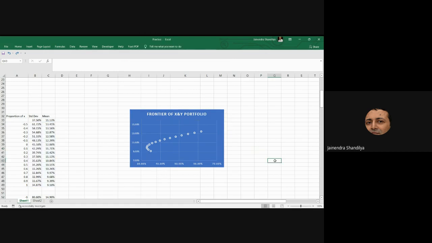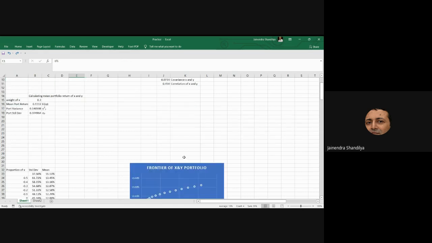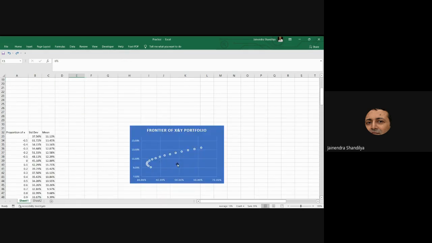Now whether this is efficient or not, I need to do a check. And a check of what? As you know, we have these portfolios A, B, C, D, or 1, 2, 3, and 4, and their returns are 6%, 8%, 10%, and 15%. If my frontier is capturing all these 4 stocks, then I will call this frontier efficient.